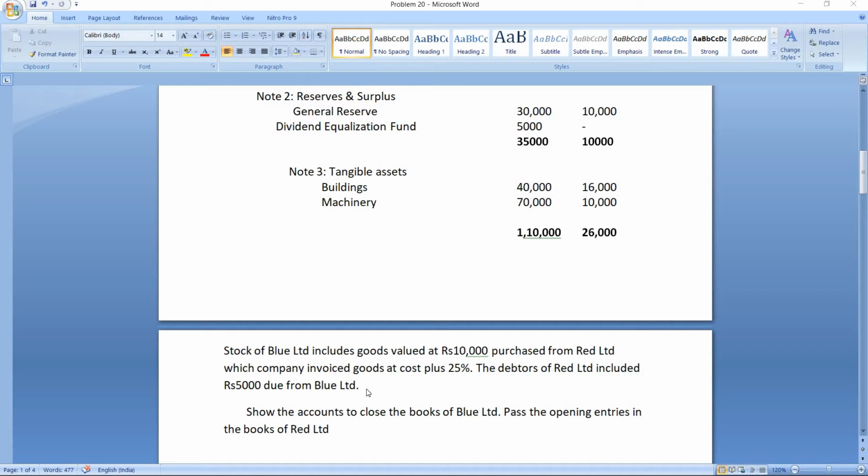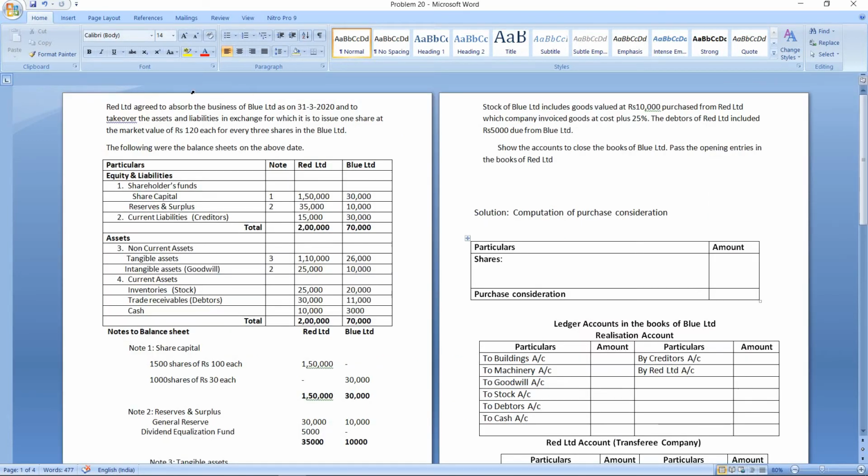Okay. Show the accounts to close the books of Blue Limited and pass opening entries in the books of Red Limited. So first we will calculate purchase consideration. Here the exchange ratio is given: 1 share in Red Limited for every 3 shares in Blue Limited. What is the actual number of shares of Blue Limited?